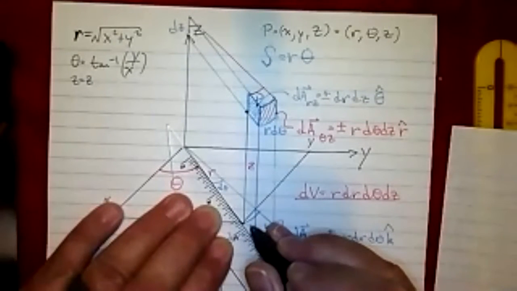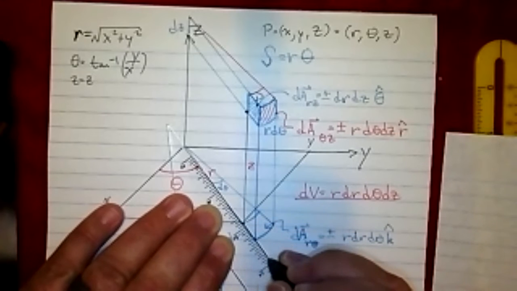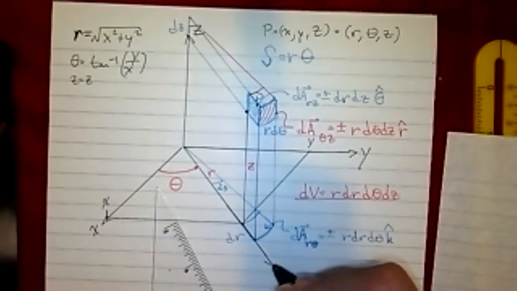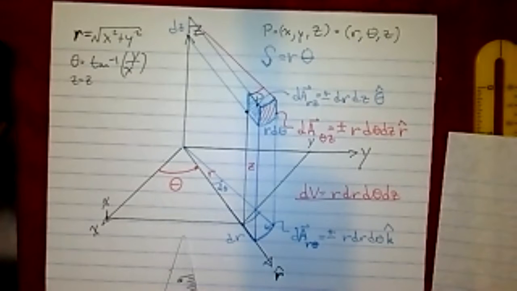So what I'm going to say is this is in the xy plane, and I'm drawing it quite a bit bigger than it really is, probably. Okay, that vector right there is going to be called r hat, and again, the hats mean that it is 1 unit long.